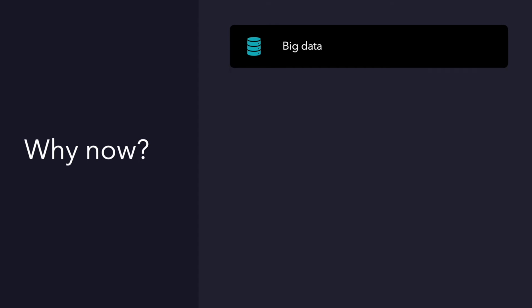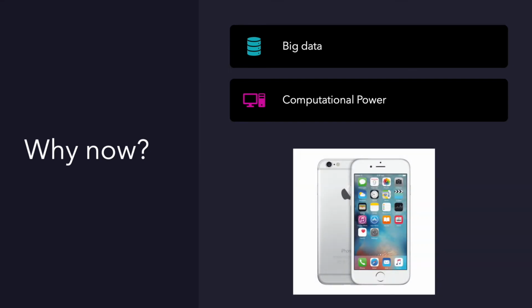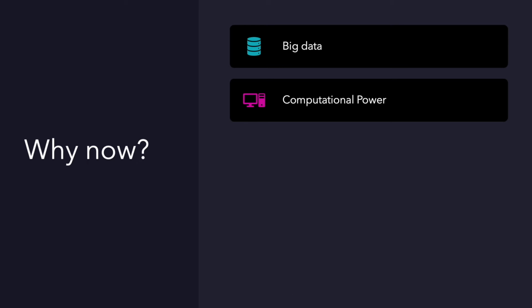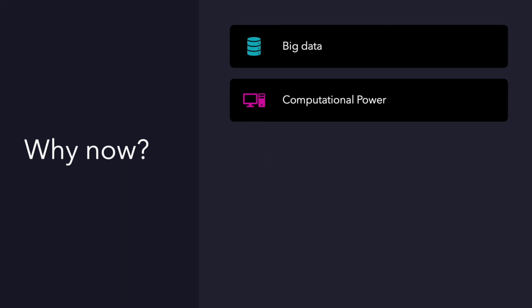After digitalization, we can have big data. Now everything is digital. Also, this data is accessible by researchers, not all of it, but an important part. Secondly, a huge improvement in computational power. The iPhone 6 could perform instructions 120 million times faster than Apollo 11, the spacecraft that landed on the moon in 1969, probably.